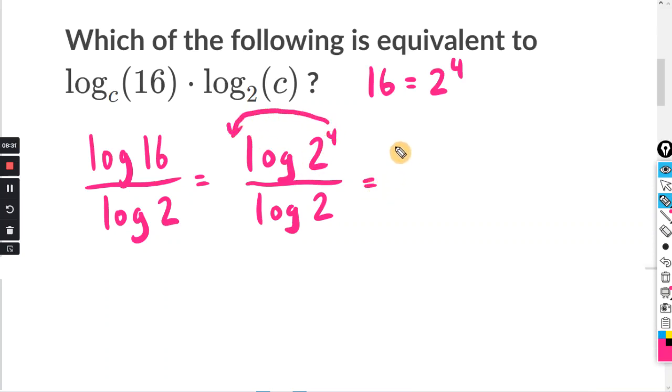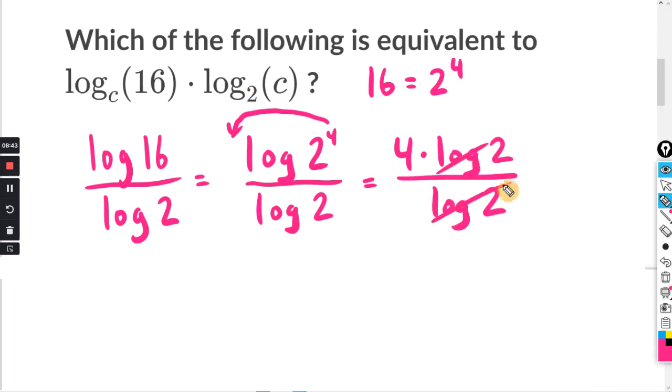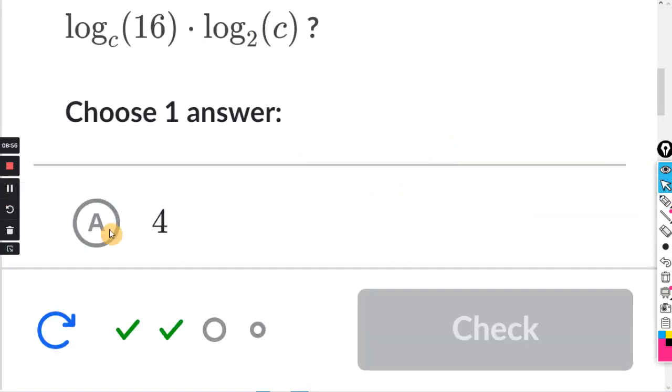So that's going to be 4 times the log of 2 divided by the log of 2. And of course, log of 2 over itself is just 1. That cancels, and that equals 4. So same answer we got on the calculator. This whole thing is just 4. And that is answer A.